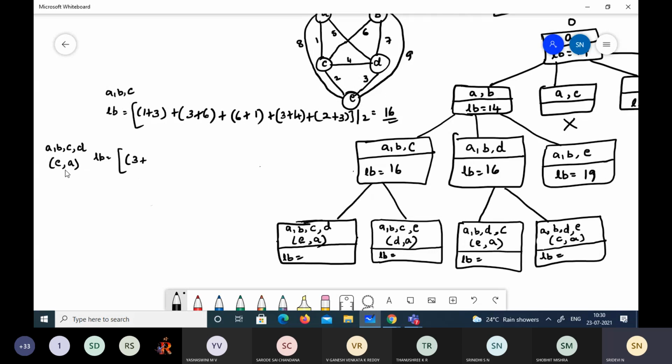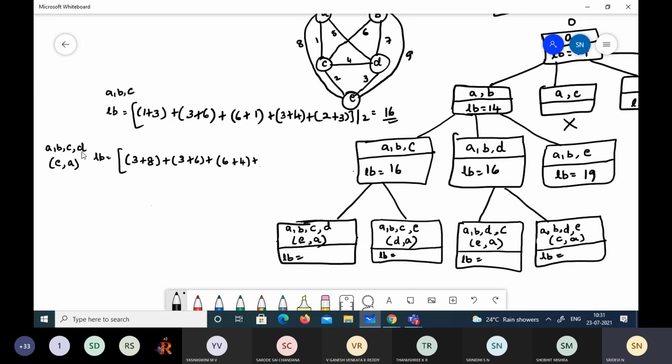Then B to C. From B, if we try to take the paths, it should be 1 to A and 1 to C. What is A to B? 3. What is B to C? It is 6. Then from C, 1 to B. So one path will be for B and one path will be for D. Here only I can just check and write down. See here, B to C is 6, C to D is 4.